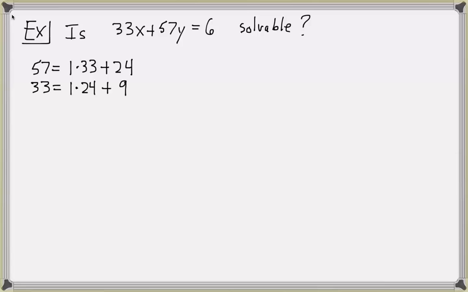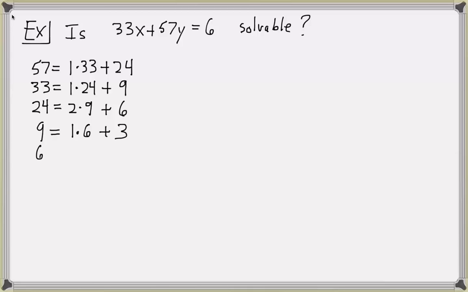Now I'm going to divide 24 by 9. 9 goes into 24 two times, so 24 equals 2 times 9, plus a remainder of 6. When I divide 6 into 9, I get 9 equals 1 times 6, plus a remainder of 3.